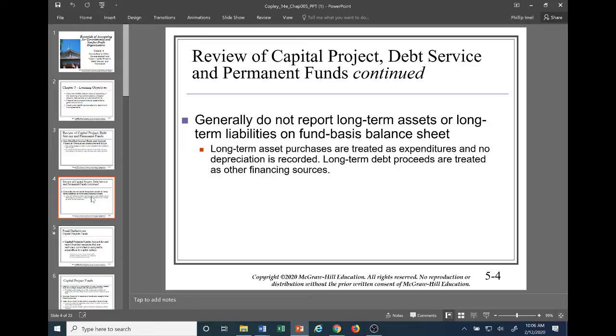So when we have a big purchase, like if we buy a long-term asset, the fund records an expenditure, right? And no depreciation is going to be recorded within the fund either. Long-term debt proceeds are going to be treated as other financing sources, right? So within the fund, if we're going to buy a building or something, then we debit the expenditure for the full outlay, and then obviously credit other financing sources, right?